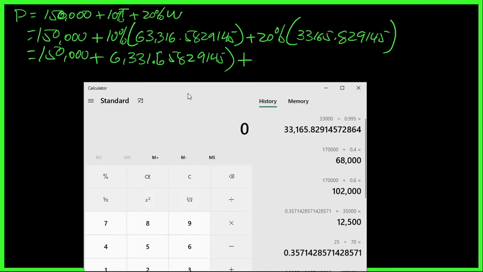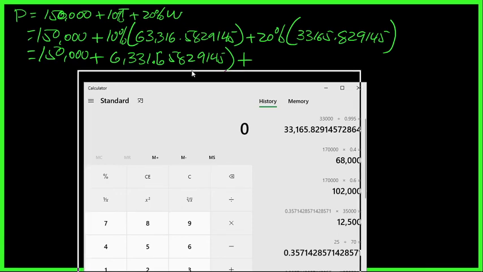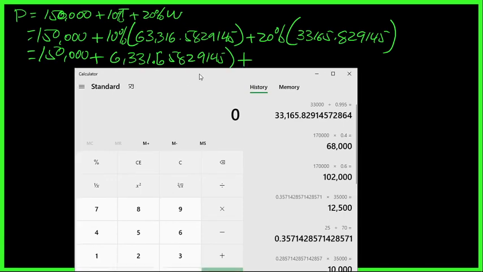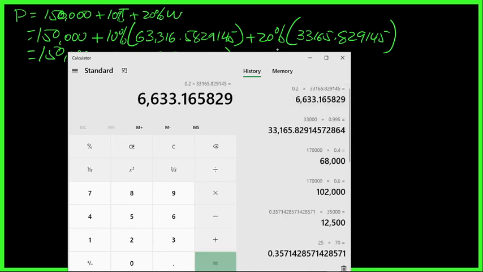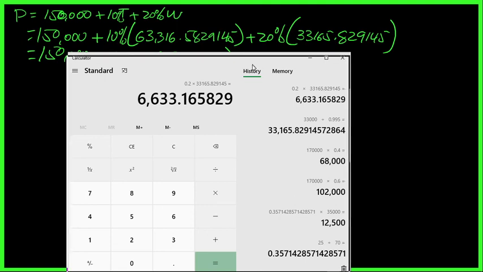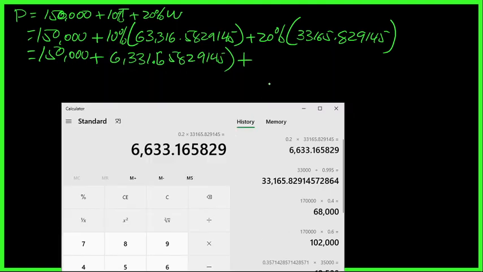Okay, so this will be 0.2. Para makita. Ayun. 0.2 times 33. Tapos pagkatapos ng lahat ito, nagkamali pala ako. 6633.